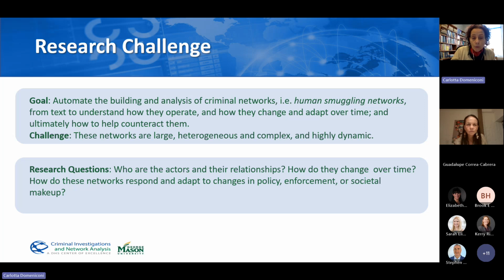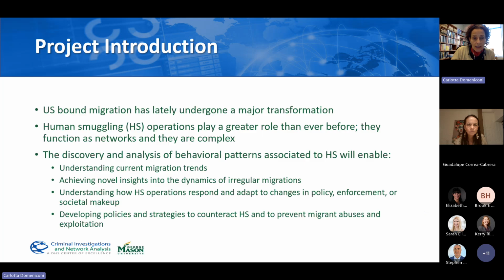So a little bit of background on why these questions are important. In recent years, US-bound migration has gone through great and profound changes. At the same time, the number of people who have been traveling and entering the US border illegally has changed dramatically.